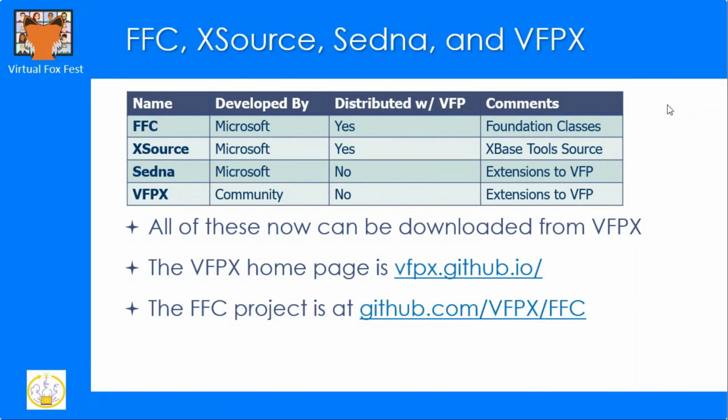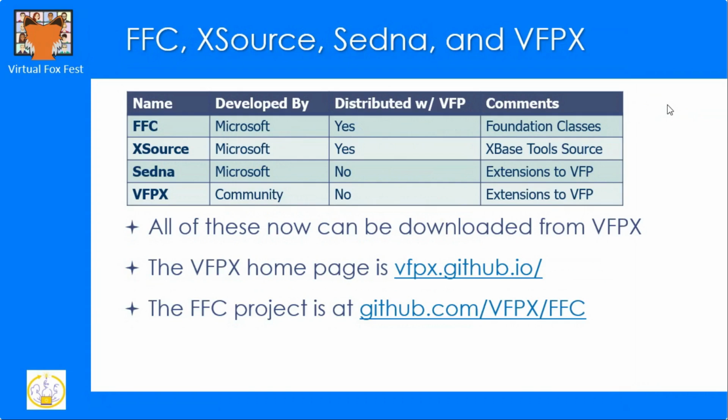And finally, VFPX, which really has two meanings. VFPX is all of the additional enhancements developed by the community. It is not distributed with Visual FoxPro, but VFPX also refers to the website. So when we talk about VFPX, we may be talking about the website itself. The link has changed from the old days, and it's now vfpx.github.io.